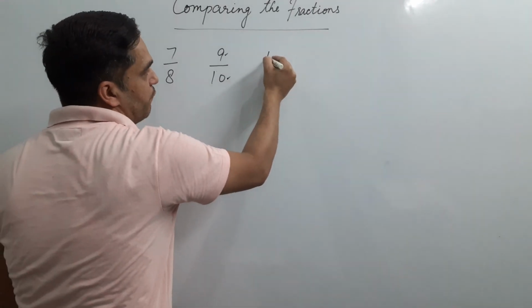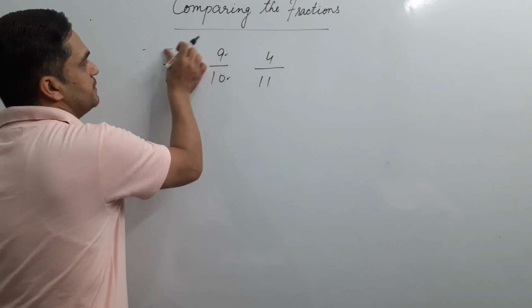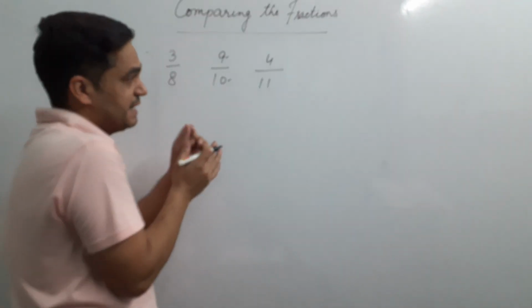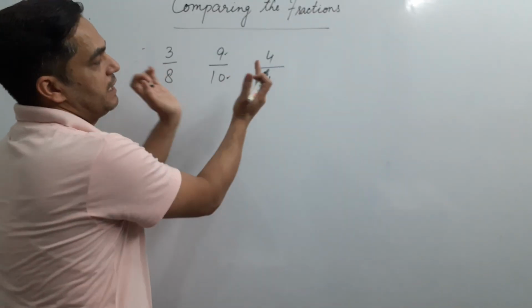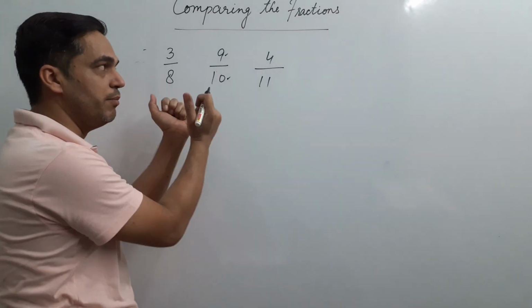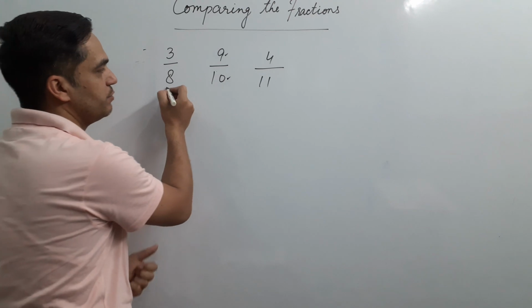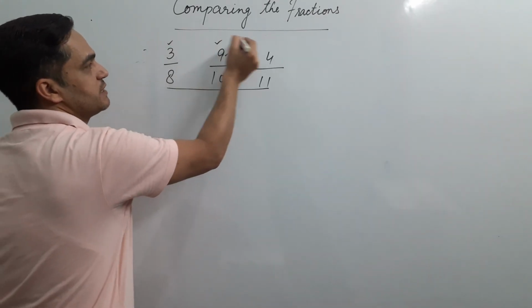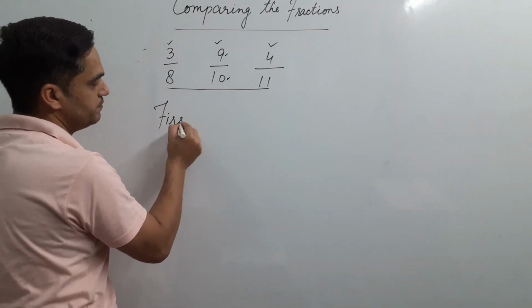Suppose you have 4 by 11 and here 3 by 8. It is not easy to compare them by looking just at the numbers. We have certain ways to compare these fractions. I am going to discuss how to compare. First method I am telling you.